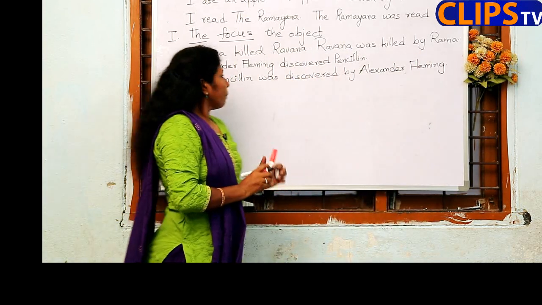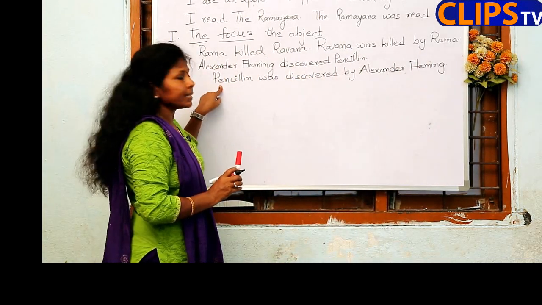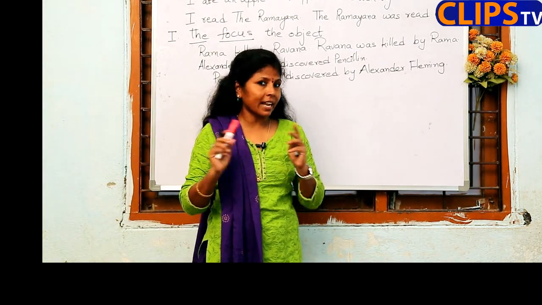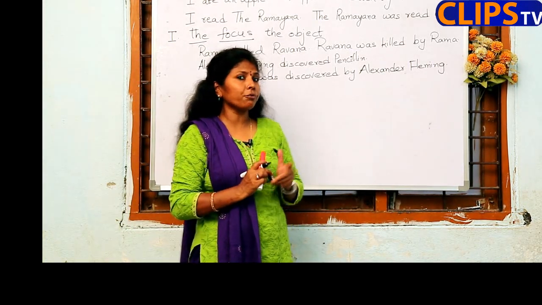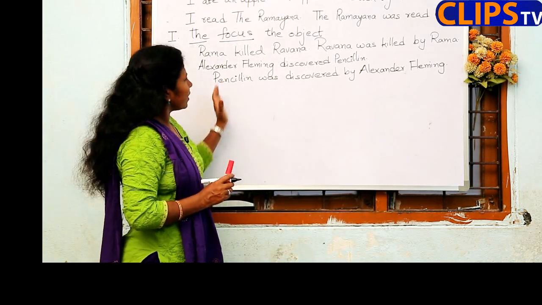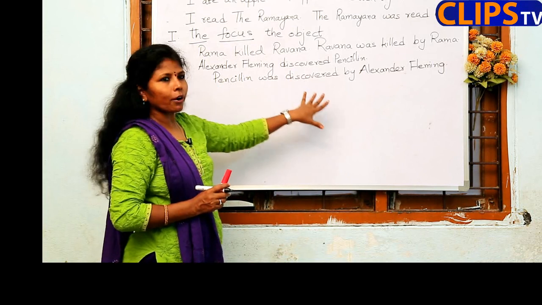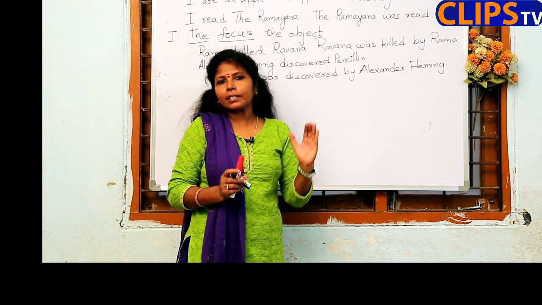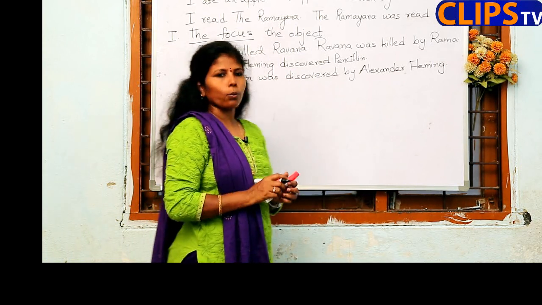The discovery of penicillin has really made an impact in the history of science. It's very important. So the focus on penicillin is obvious, and that's why in this case using passive voice to highlight penicillin is appropriate.